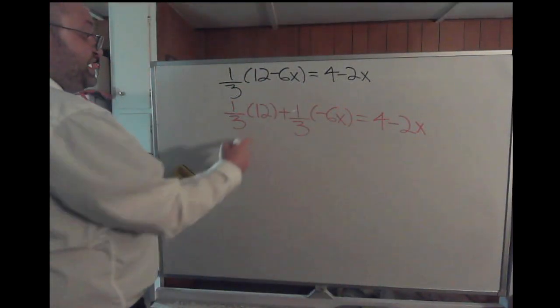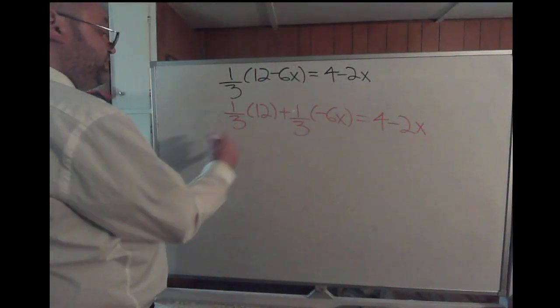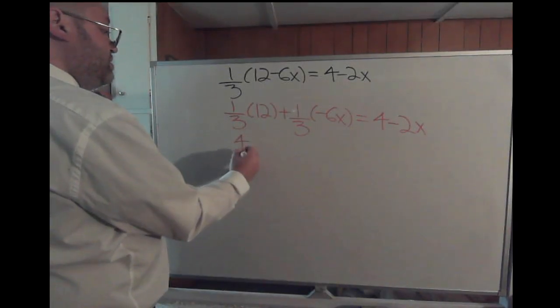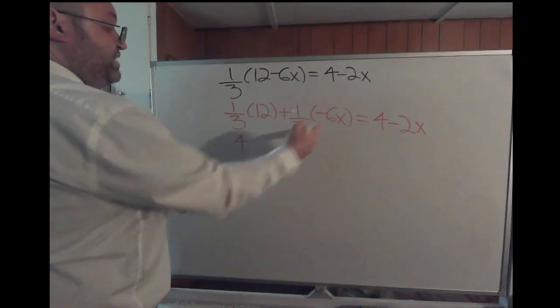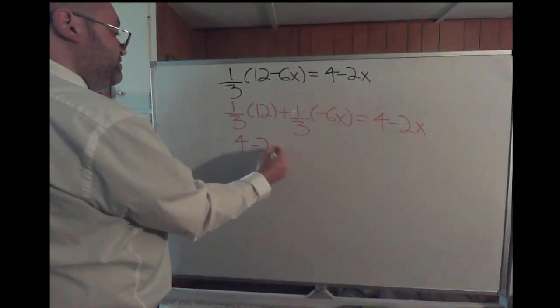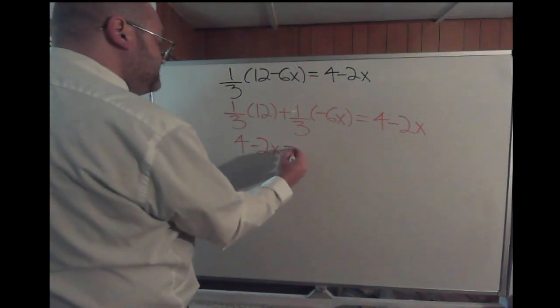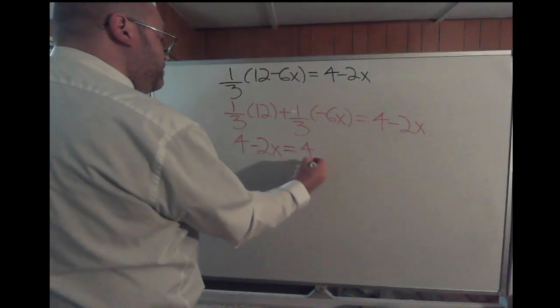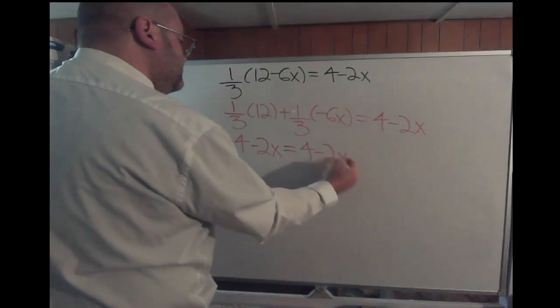So on the left side, 1/3 of 12, that's just 4. Then you have 1/3 of negative 6, well that'd be negative 2x, so 4 minus 2x is equal to 4 minus 2x.